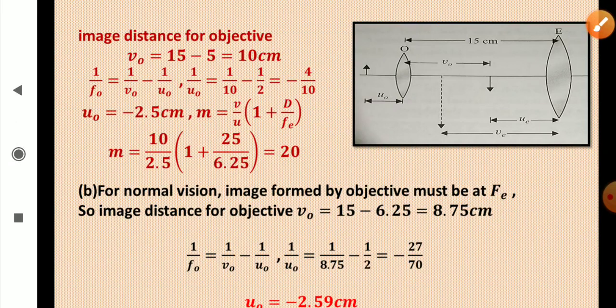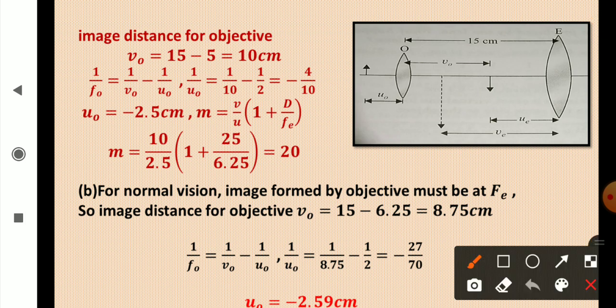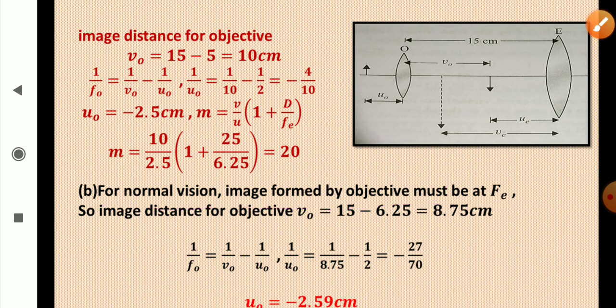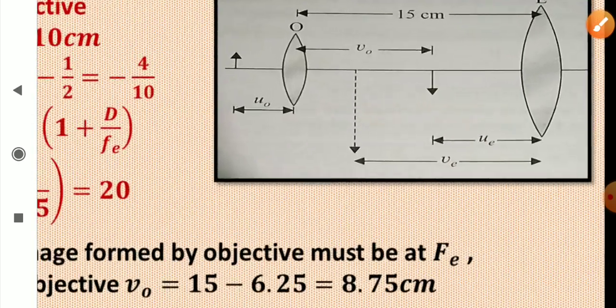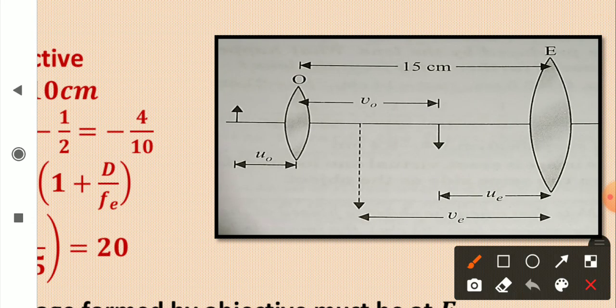And now we are going to find out the same thing for normal vision. Now see, for normal vision, the image must be formed at focus. That's very clear. That is a condition. For normal vision, the final image should be formed at infinity. That means this point must be the focus.